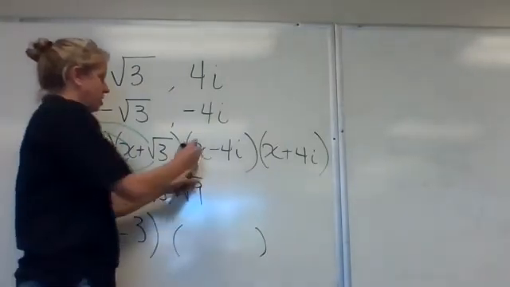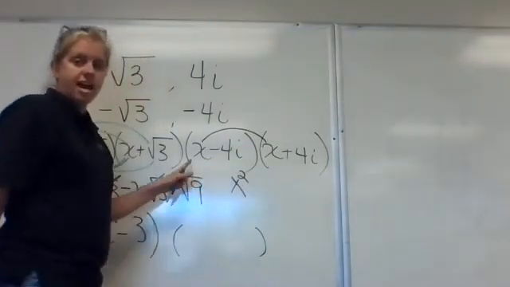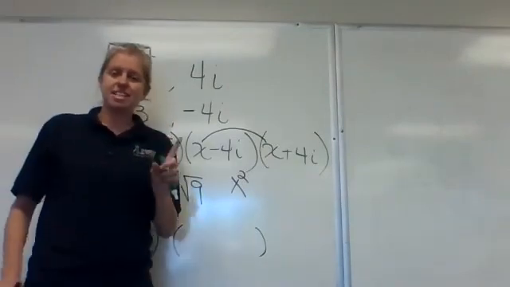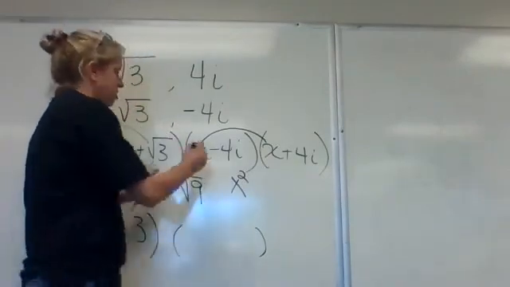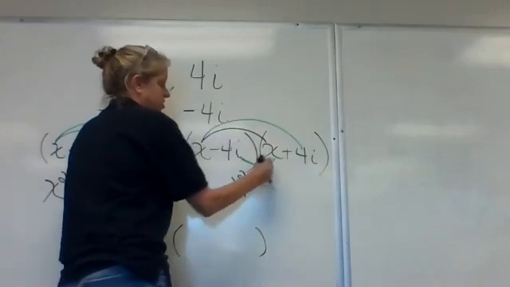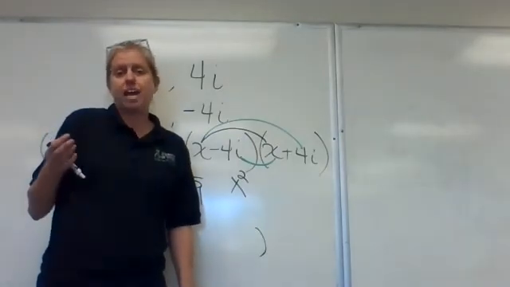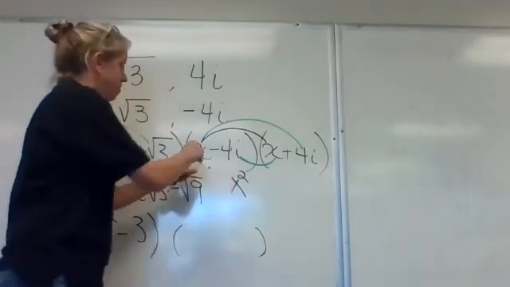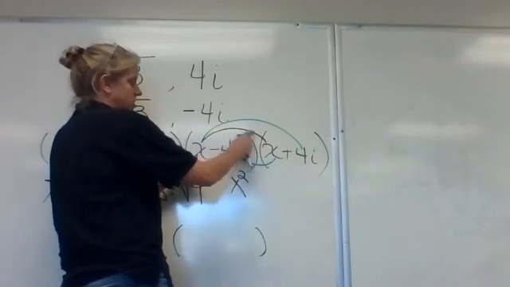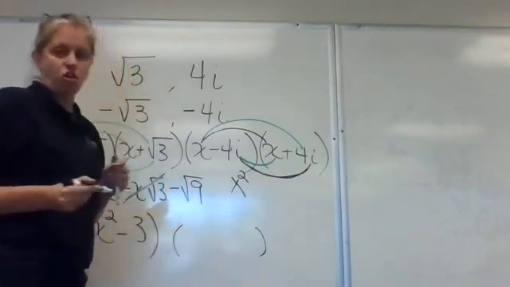So let's see, FOILing here, my first x times x squared. You know what? Since these are conjugates of each other, what's going to happen with this term and this term? They're gonna cancel each other out. So can't I theoretically jump from multiplying my first together straight to my last terms together?